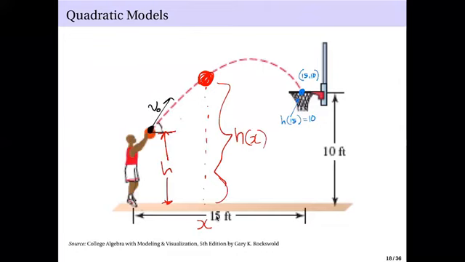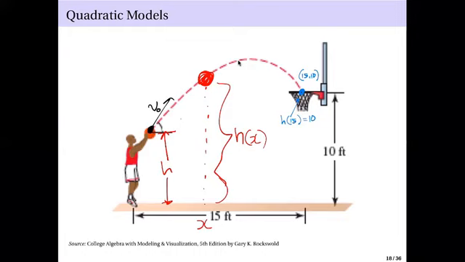So if we divide this into 5 parts, you have 3, 6, 9, 12. So maybe it's at this point. Your x equals 9. So you want to get the height here. Okay?